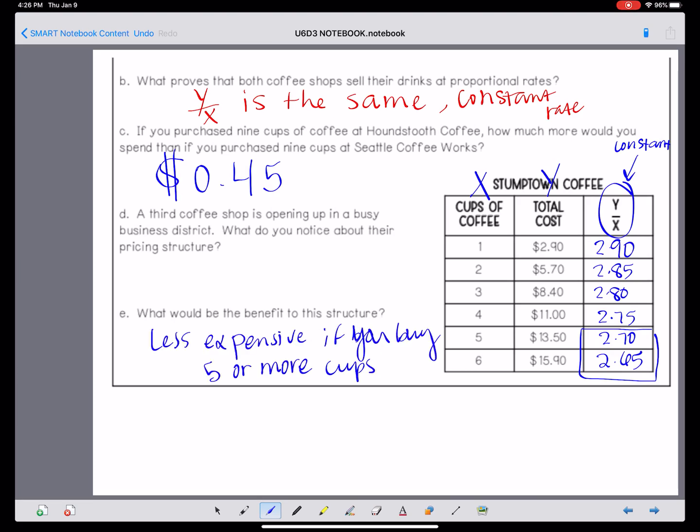And then for part D, it says a third shop is opening up. What do you notice about their pricing structure? Well, we know that the cost per cup decreases as you purchase more. So I'm just going to say the cost goes down when you purchase more.